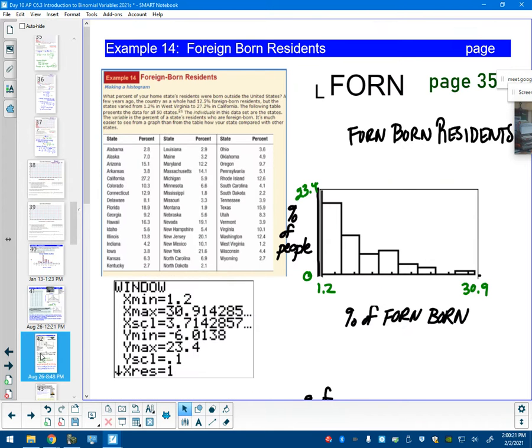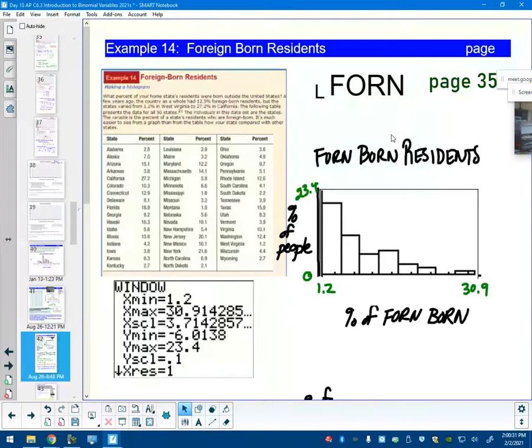This is the percent of people in each state that were born outside of the United States. So these are foreign-born residents in each state. Ohio, this is a little bit old too, by the way. It's probably 5 to 10 years old. I don't know exactly. Ohio is at 3.6. So most of our residents are actually born in the United States of America.